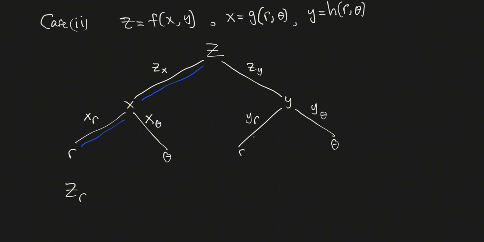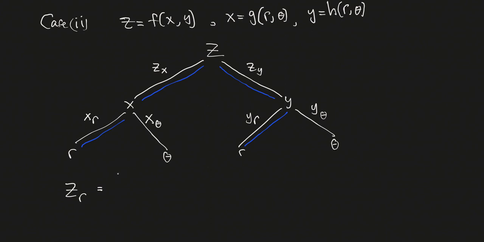It could also affect it by going along here and then along there, right? So with that, if I multiply these two, going from one branch to the next, and then add the product of z sub y and y sub r, in total, that will represent the rate of change of z with respect to r.